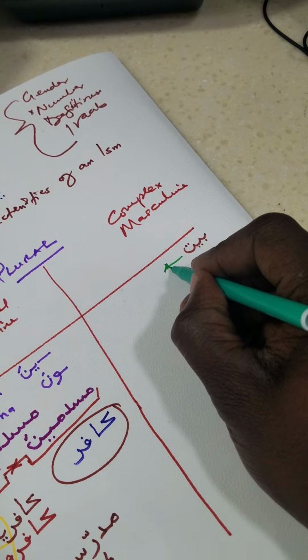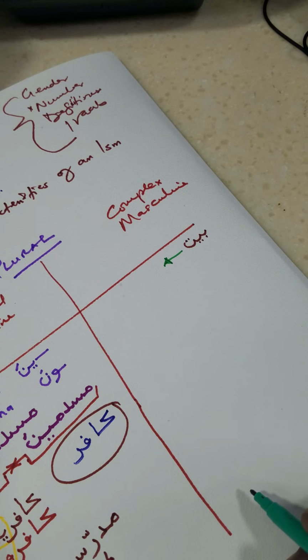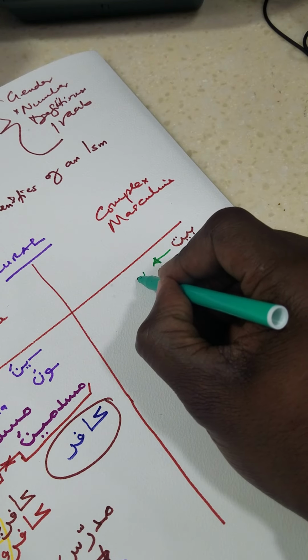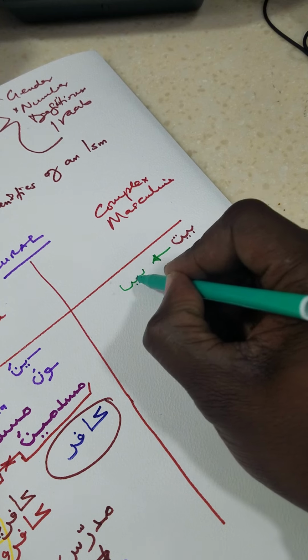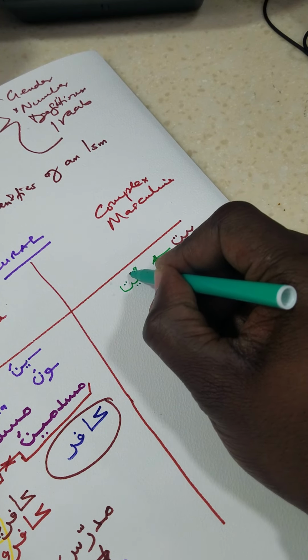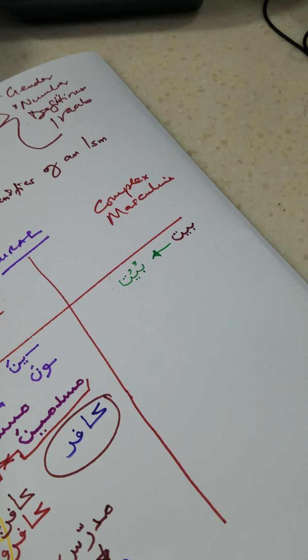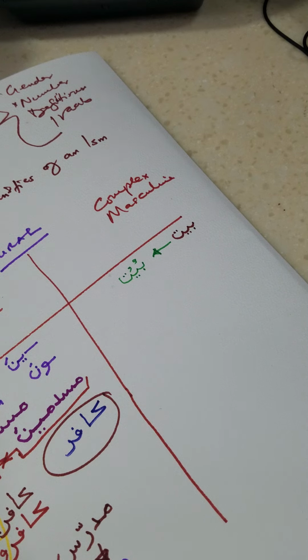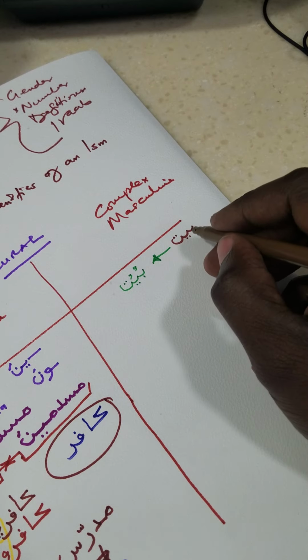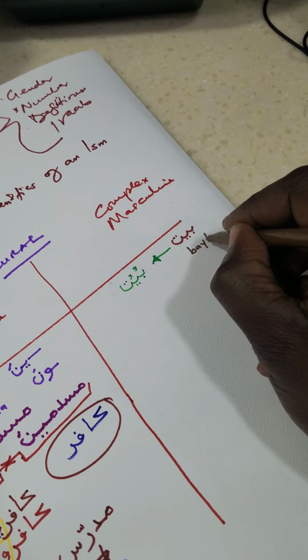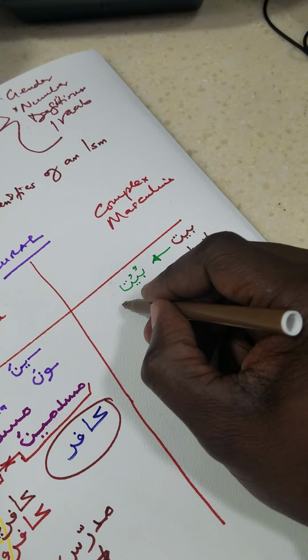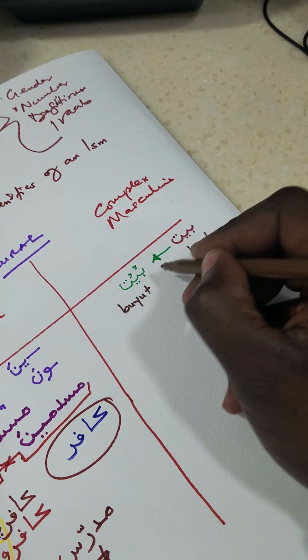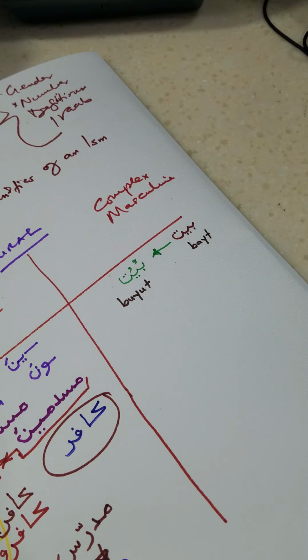When you want to make it plural, it will turn out to be buyut. My goodness, this is how funny it sounds. This is bait. Here it is buyut. What's the format? No, there is no format.